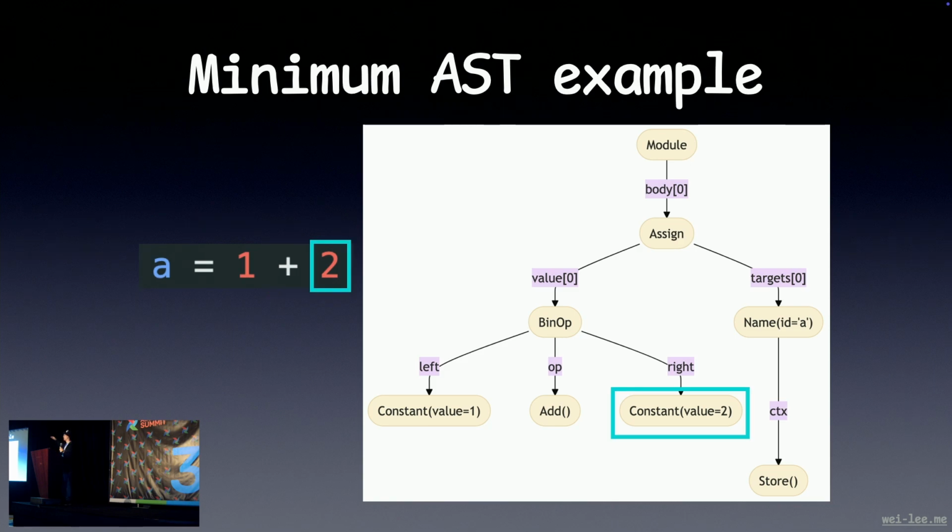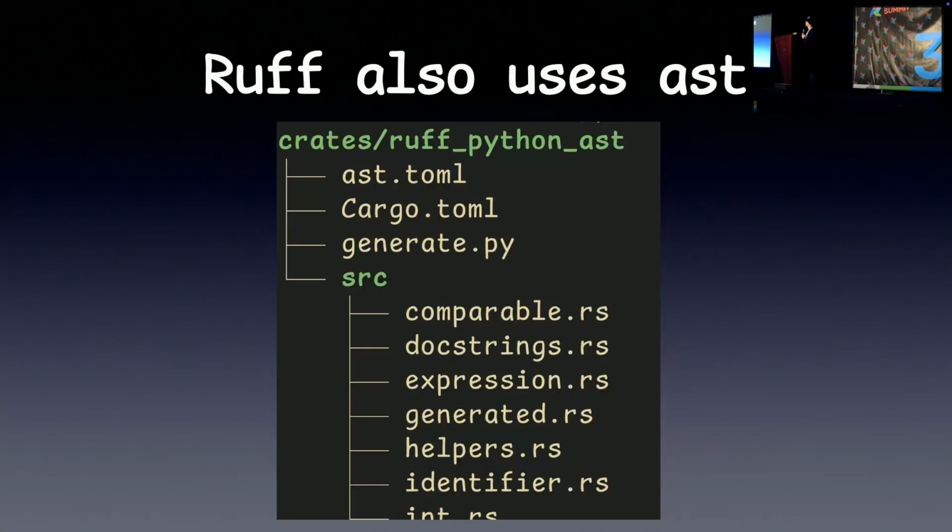That's basically how we represent your Python code and traverse the whole abstract syntax tree to detect behavior we don't want, and manipulate this tree to add the fixes we want. Under the hood, Ruff also has a Ruff Python AST. They implemented their own version of the abstract syntax tree in Rust, and I think they also looked at the Python standard library AST, but extended it with more functionality.